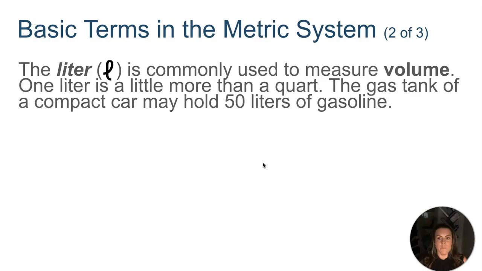When we're trying to measure liquid volume, a liter is a little more than a quart, so we measure the volume in liters. It could be kiloliters, milliliters, or just liters.